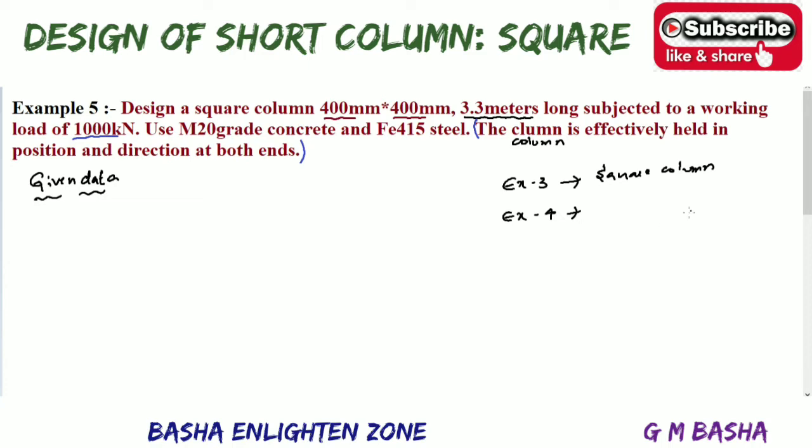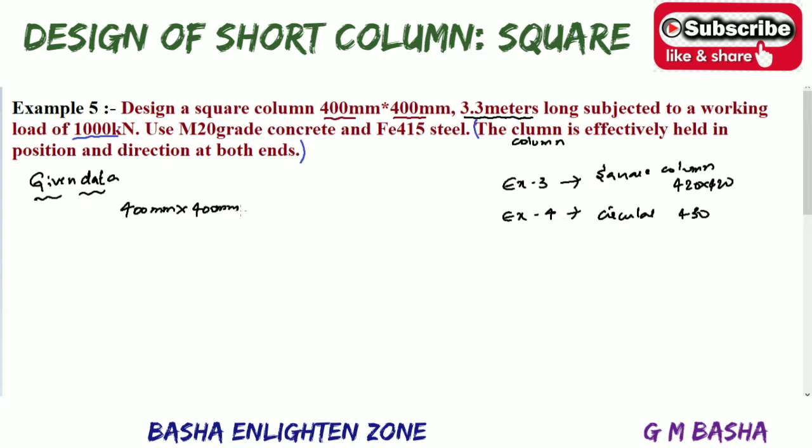Based on that data and assuming area of steel equal to 1%, we found the size of the square column and the circular column, around 430 mm. So here in this problem, they directly gave the size of the square column, 400 mm by 400 mm. And in the last problem, we just found the size of the square column, and for that we had to provide the area of steel and lateral ties, all the things.